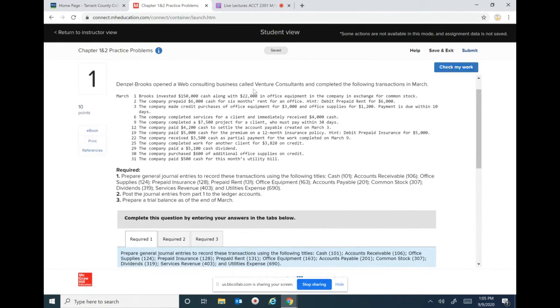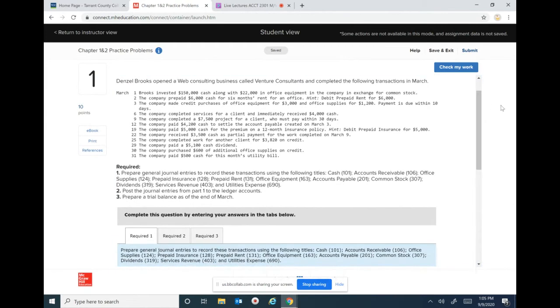What matters is the financial state of Venture Consultants, which is his company. What matters is how those transactions affect Venture Consultants. So the first thing we're going to do is look at the transaction, I'll show you how to read it again, and then we'll analyze it and make the journal entry.